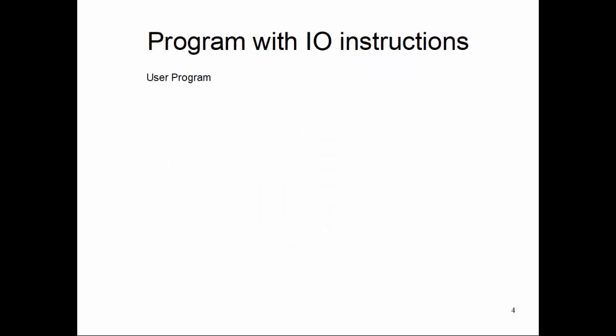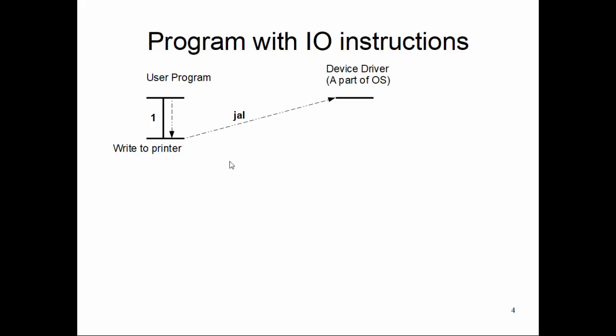Now, what happens? Let's take the example of the printer. You are trying to print some document on the printer from a user application. Let's say you are processing some information, and then want to write to the printer as a device. At that point, there are libraries and system calls that write to the printer, and your control is jumped to a library routine, which is a part of the operating system.